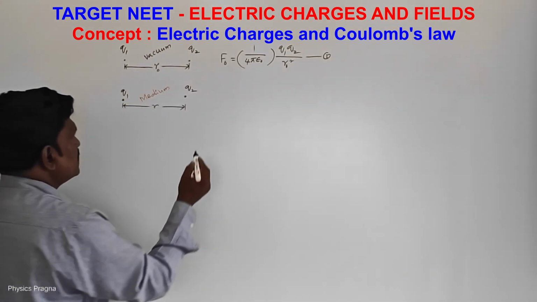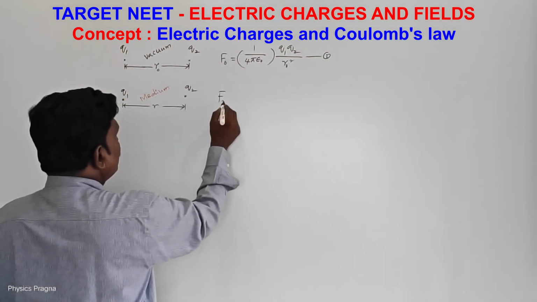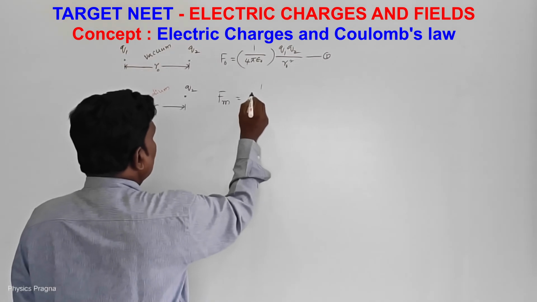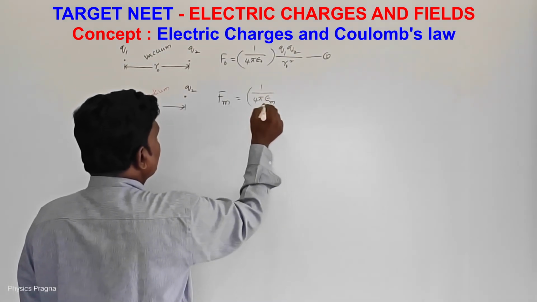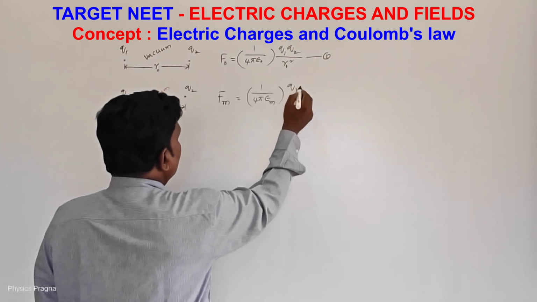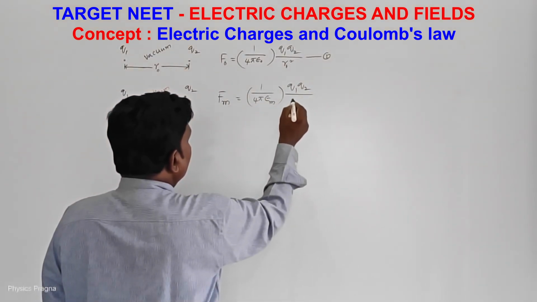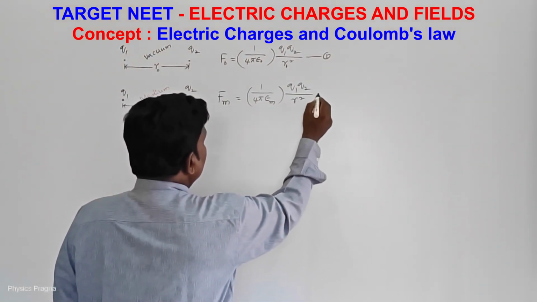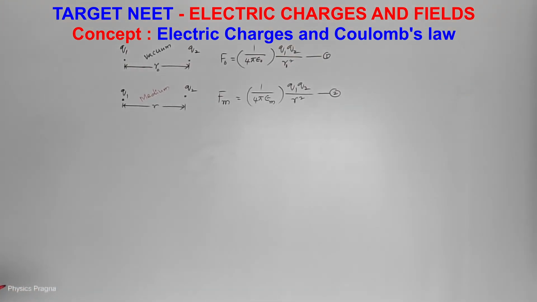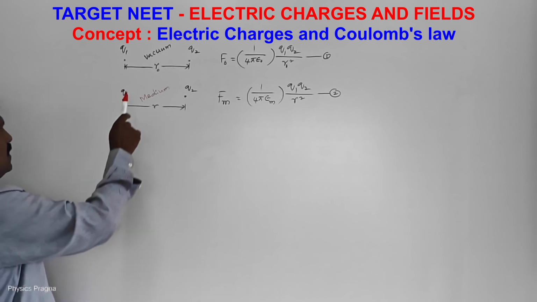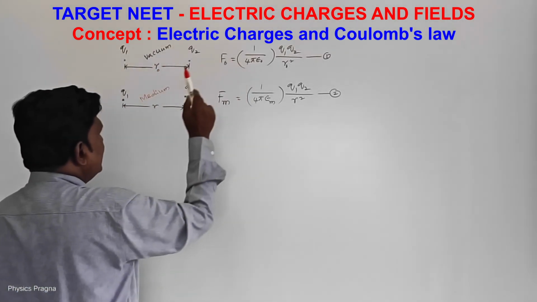Then the force becomes Fm is equal to 1 by 4 pi epsilon naught of the medium into Q1 Q2 by R square. If vacuum is there, this is the expression.